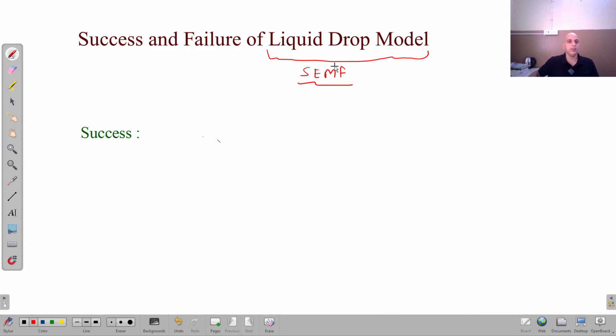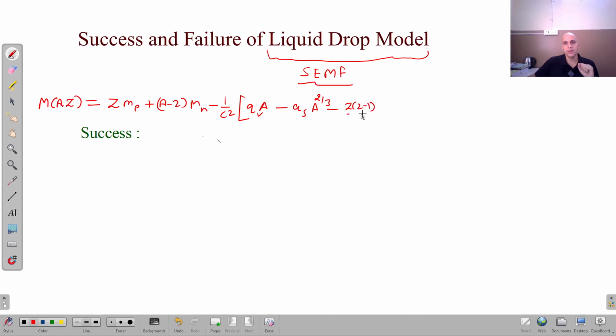If I write this semi-empirical mass formula here, then it is M(A,Z), the mass of a nucleus that has atomic number Z and mass number A, that is Z times the mass of proton plus (A minus Z) times the mass of neutron minus B upon c square, or we can write V, the volume energy, into A, minus the surface energy into A power 2 by 3, minus the Coulomb energy into Z into (Z minus 1) divided by A power 1 by 3, minus the symmetry energy into (A minus 2Z) whole square divided by A, then plus minus delta, comma, 0, right.